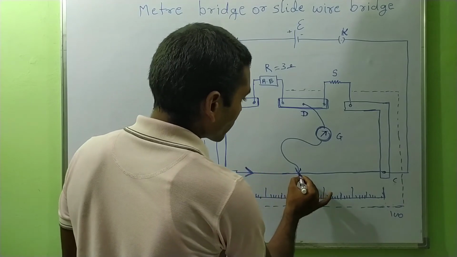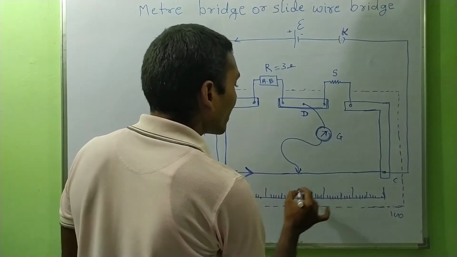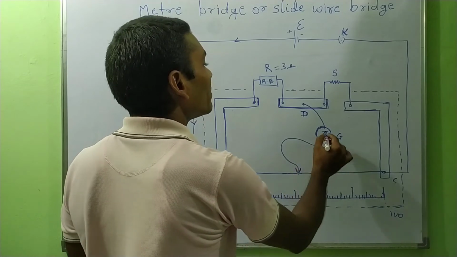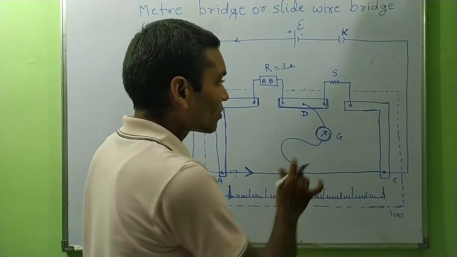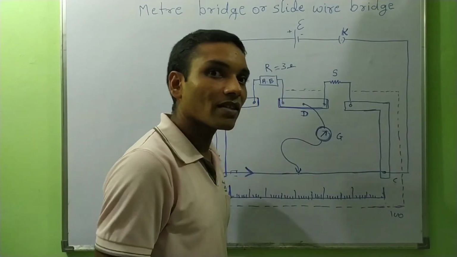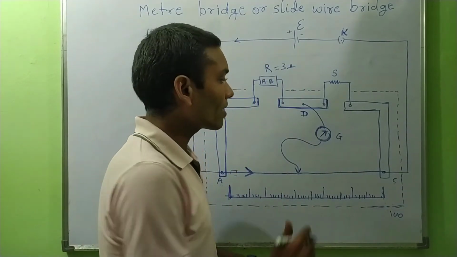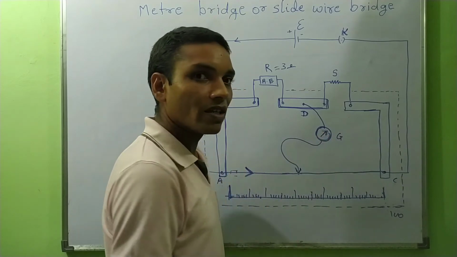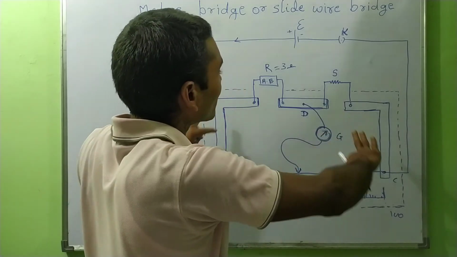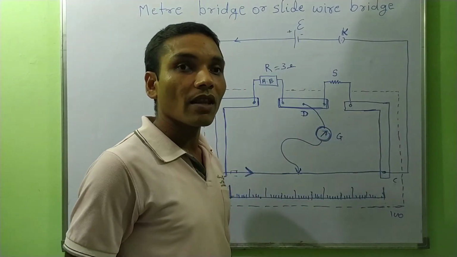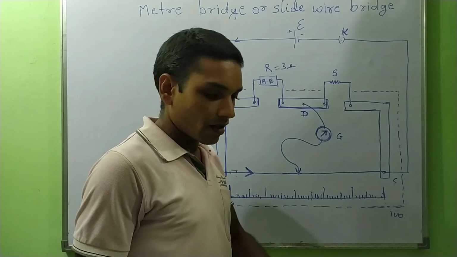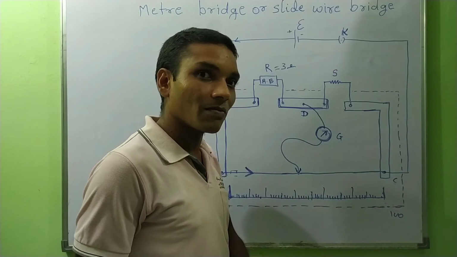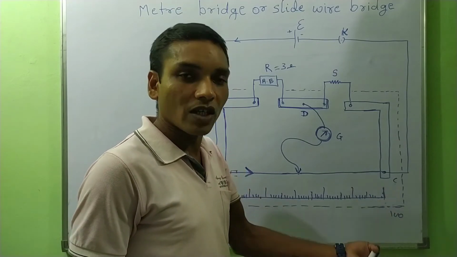At any point on this wire, the deflection will be 0 on the galvanometer. This 0 deflection means no deflection is there in the galvanometer. In this case, this meter bridge is said to be balanced, because the principle of this meter bridge is based on the principle of the Wheatstone bridge.